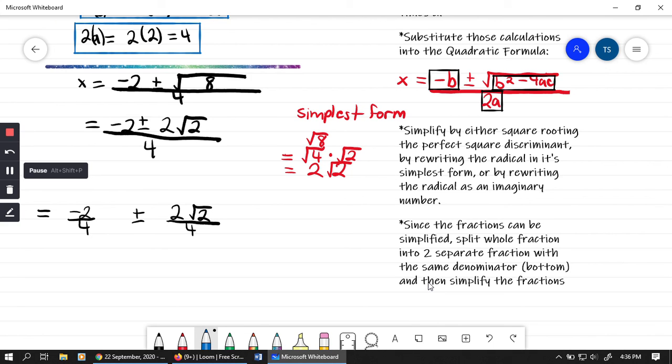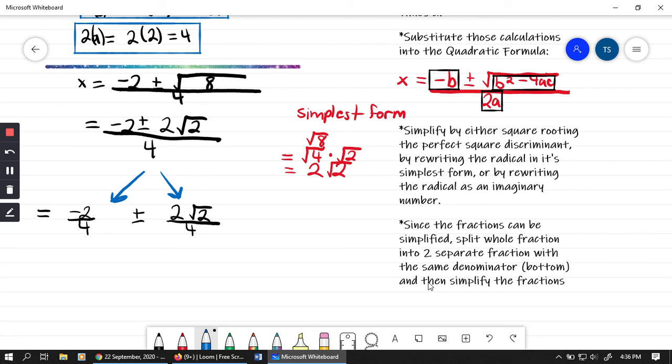So for those who don't remember simplifying fractions, I'll give you a little reminder. The part that you're simplifying in both of these fractions is technically 2 over 4. The only difference is that the one on the left is outright negative.